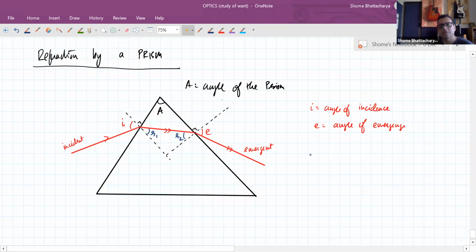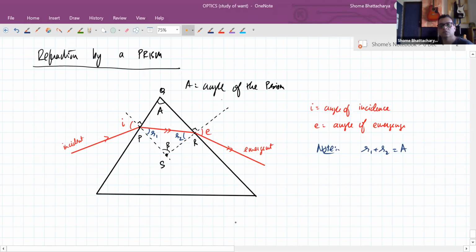Now there is a special formula that tells us that R1 plus R2 will always be equal to A. Let us understand why that happens. That happens because once again, if I label this quadrilateral PQRS, and if I label this angle here as beta, suppose.